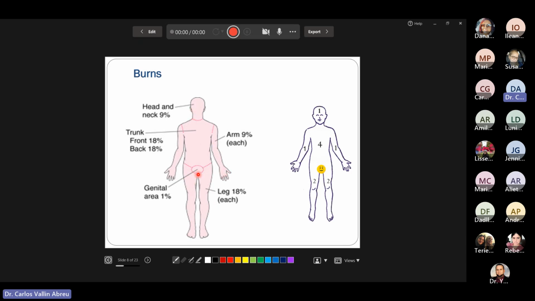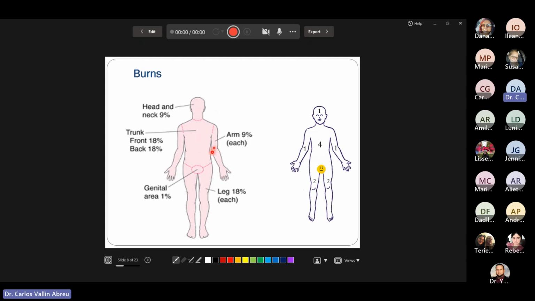So please allocate 2 nines, I mean 18, to each one of the lower extremities. And then the surface of the trunk is huge in comparison with all the rest of the body. So you are going to assign to the trunk 4 nines. 4 times 9 is 36, yes? So 36% to the trunk.